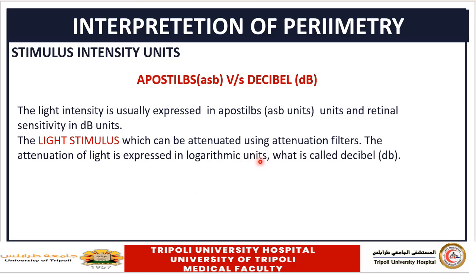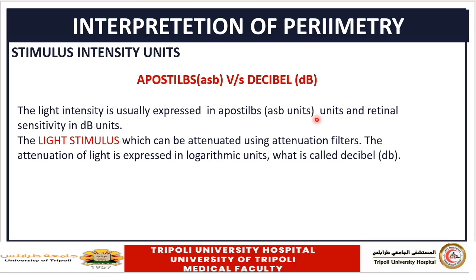The second important variable in static automated perimetry, after the stimulus size, is the stimulus intensity. The stimulus intensity is measured in apostilbs. The maximum stimulus intensity in Humphrey automated perimetry is around 10,000 apostilbs. By a certain logarithmic attenuation, using special filters, this brightness is attenuated so that we achieve different stimulus intensities.